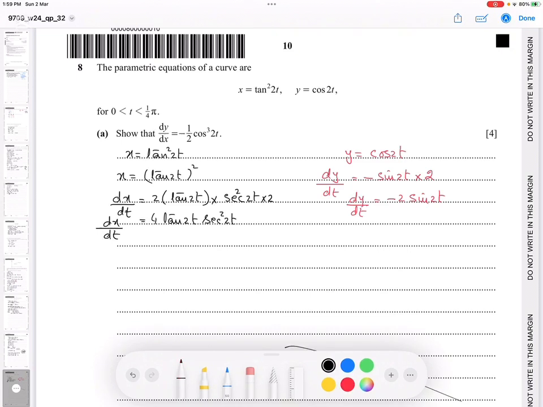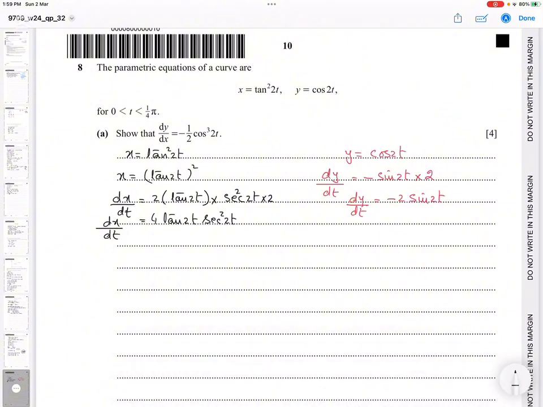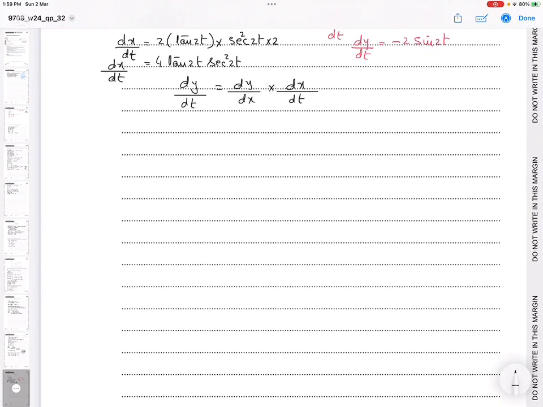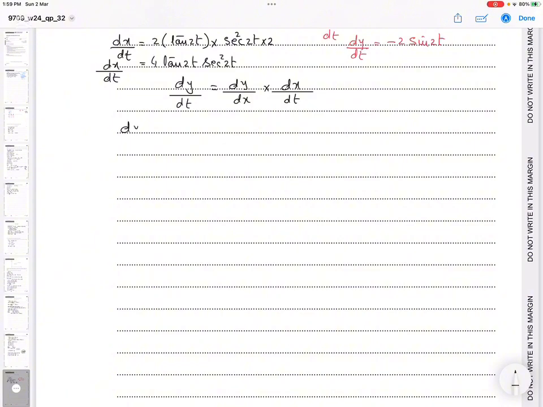Now write down the formula. Chain rule, dy by dt equals dy by dx into dx over dt. So dy by dx is equal to dy by dt into dt over dx.